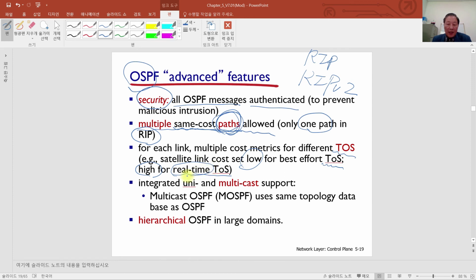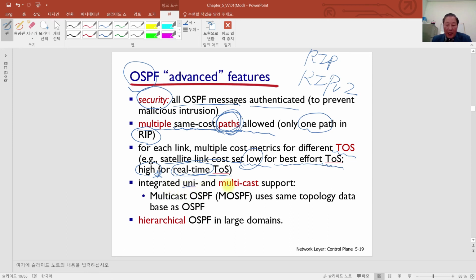In this case, time is so urgent and important. Thus, a satellite link is slow, so that is the high cost solution. But with best effort type of service, it is not worrying about the speed, so the satellite link may be recommendable.